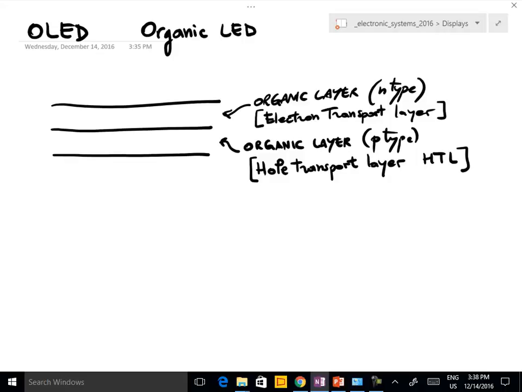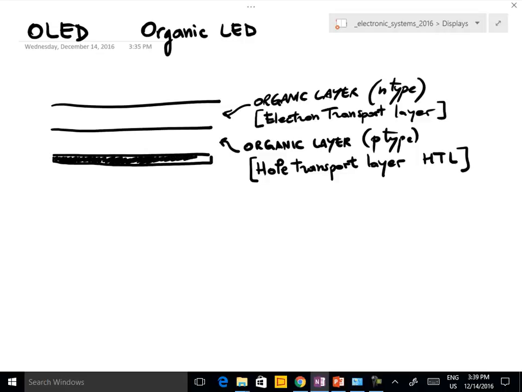The other advantage is that with an organic LED we can use a transparent electrode, and typically the situation is like this. We have one electrode here. We want to discuss displays today, so just think in terms of a display.